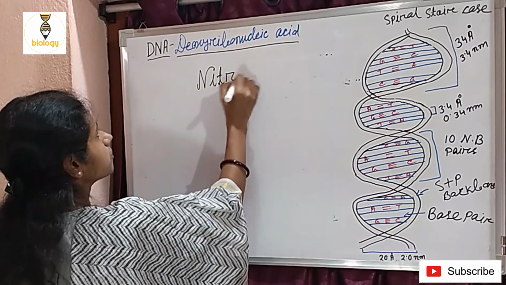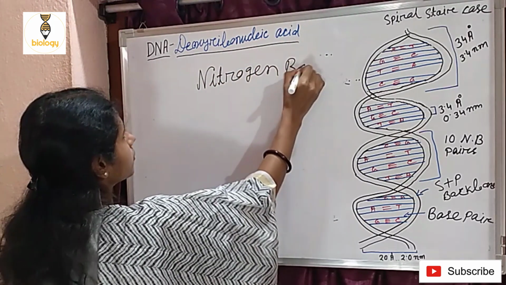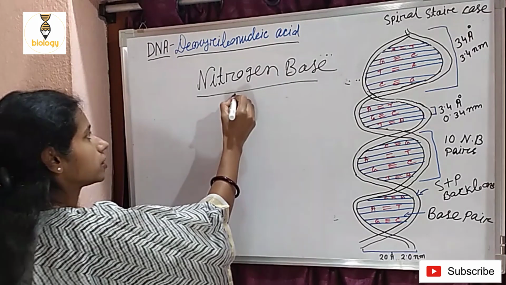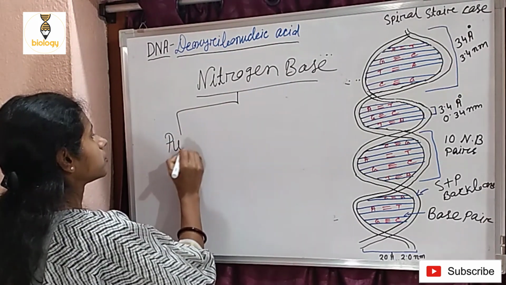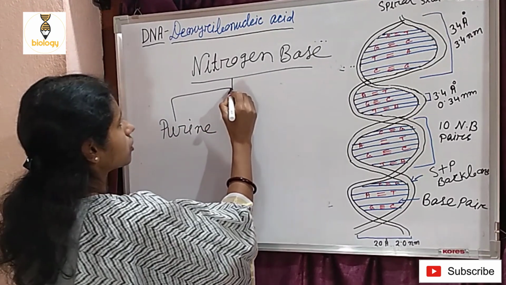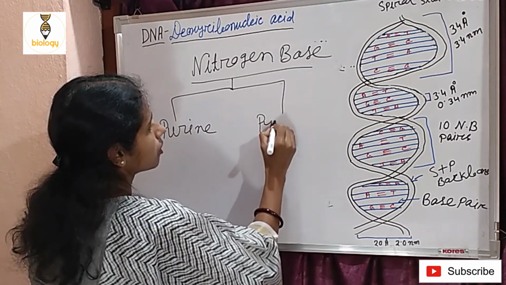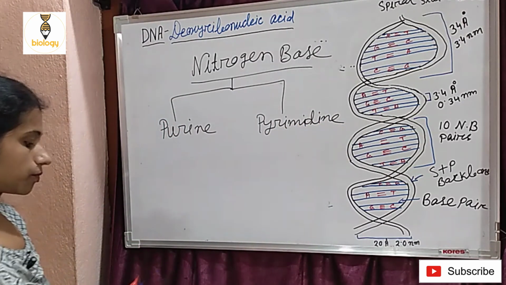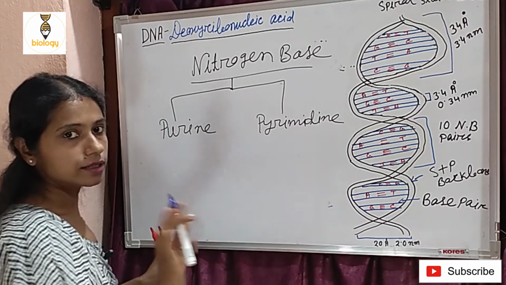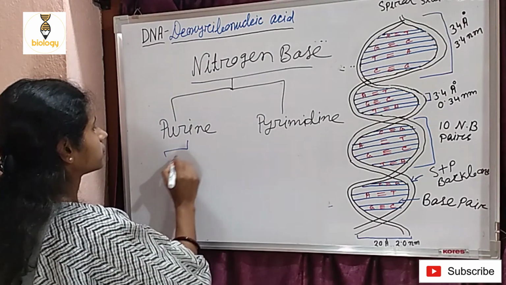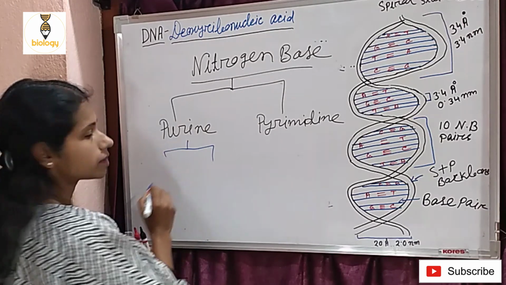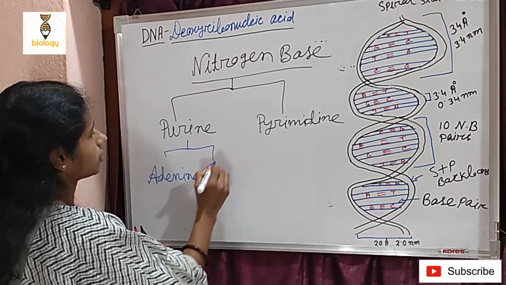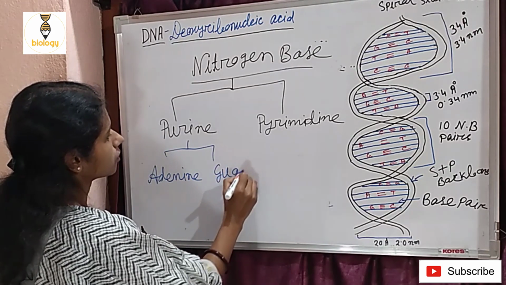There are two types of nitrogen base: one is purine and another is pyrimidine. Purine again has two types: adenine and guanine.